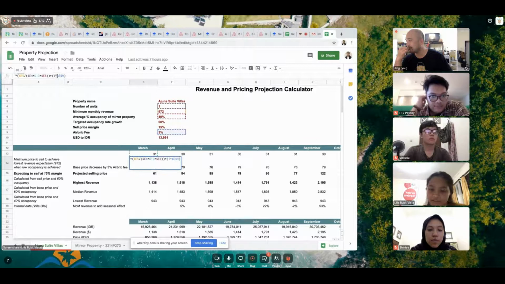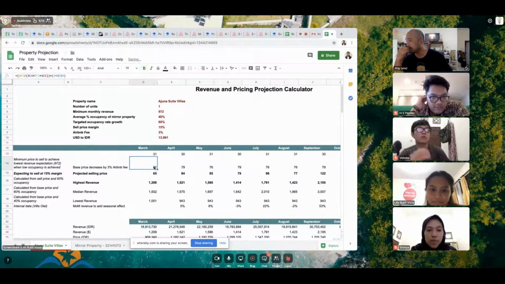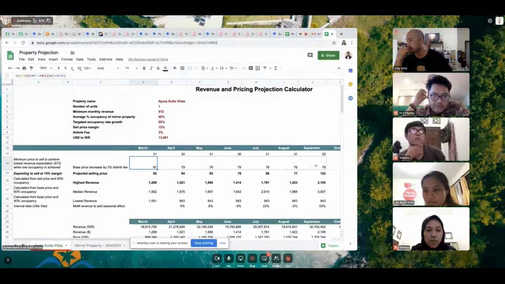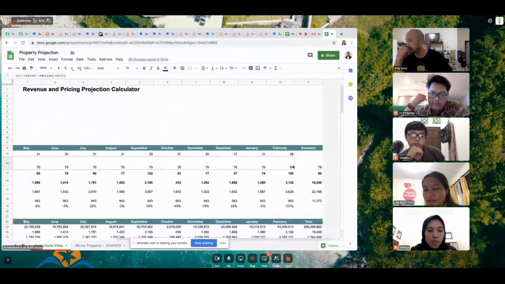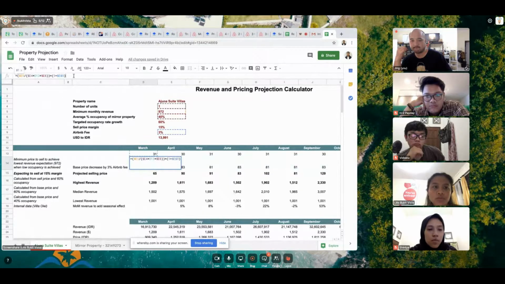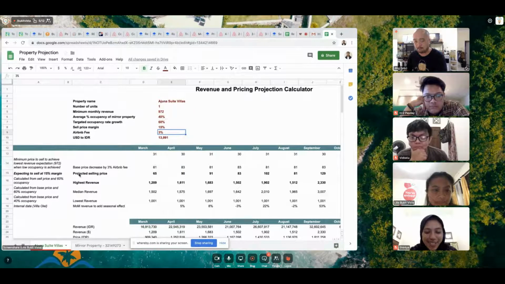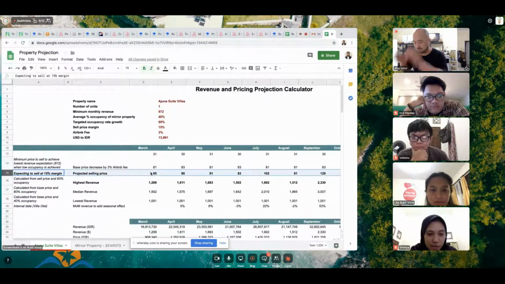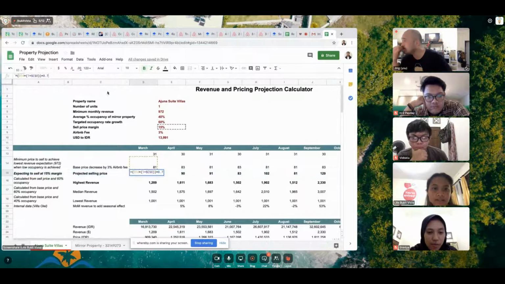Sorry, sir, by adding to it, because the base price means the minimum that we sell to give the owner. Because we have the Airbnb fee, we add 3% to the price. Okay. And then this is the projected selling price.